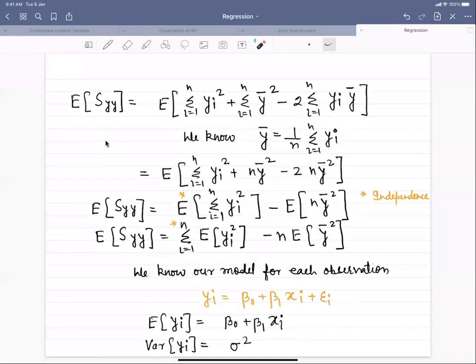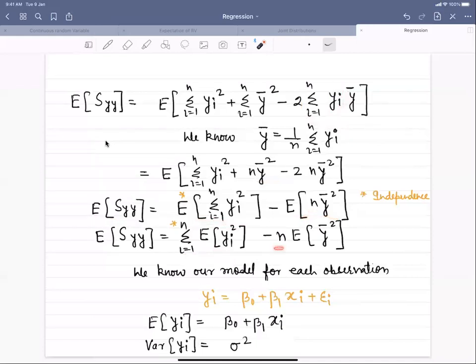So the expectation of Syy will be the expectation of summation over i=1 to n of yi square minus the expectation of n y bar square. Now, invoking the independence of the yi values, I can take the expectation operator inside the summation operator. So that will be summation over i=1 to n of expectation of yi square minus n times expectation of y bar square, because n is a fixed number, the total number of data points.